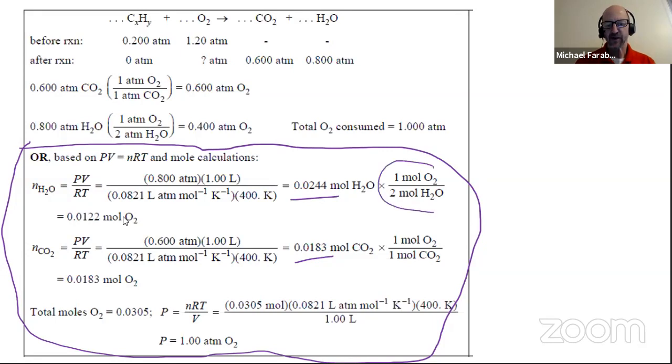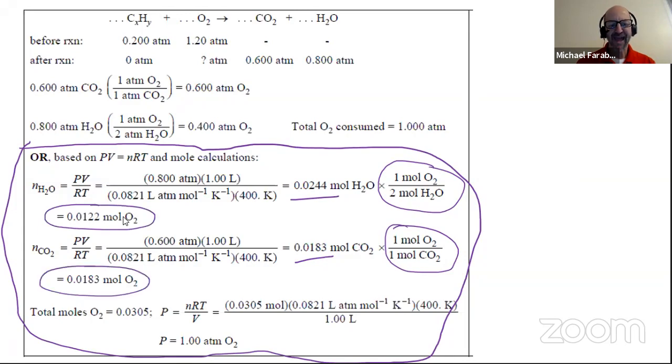And then here was that conversion factor to go from moles of CO2 to moles of O2. That was a 1-to-1 ratio. To go from moles of H2O to moles of O2, that was a 1-to-2 ratio. And they took these number of moles, they added them together to get 0.0305, and then they finished off and solved the problem.